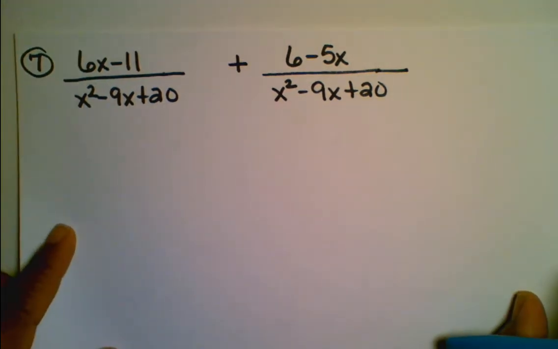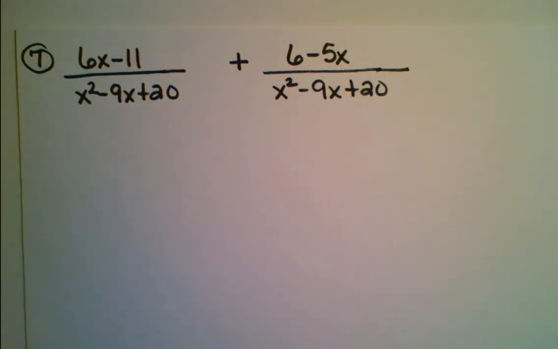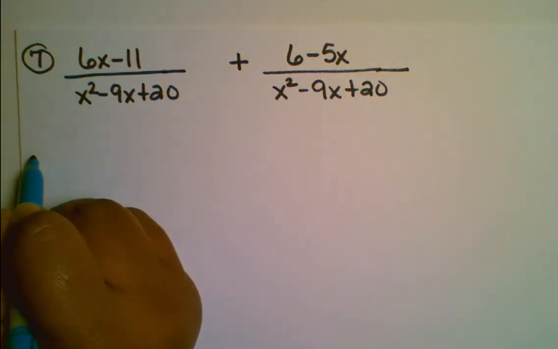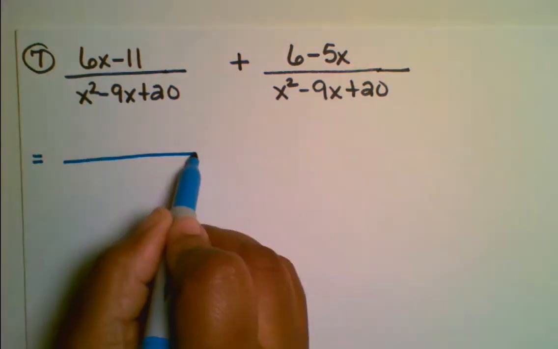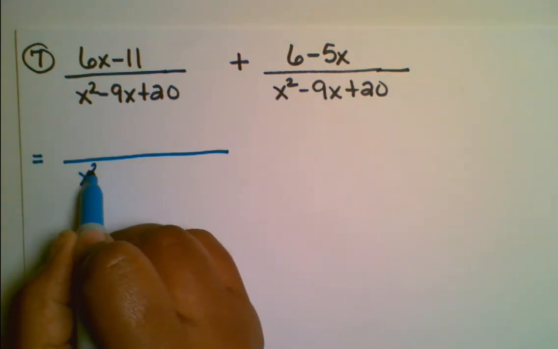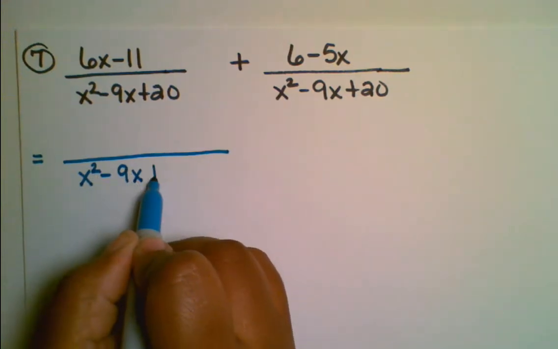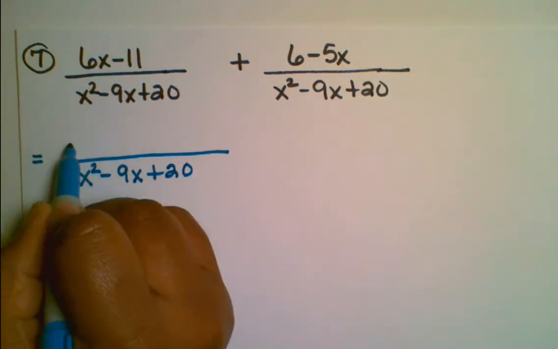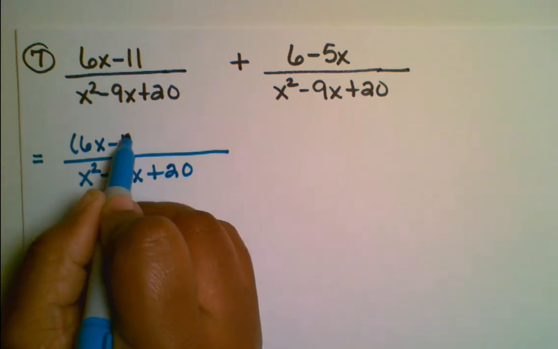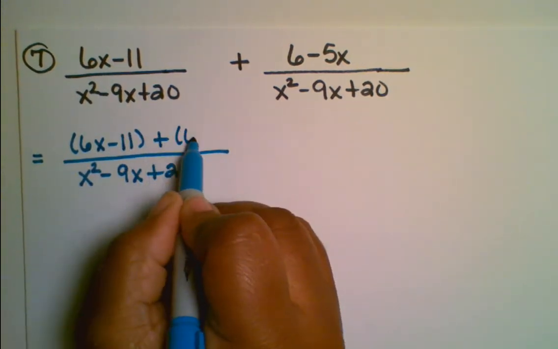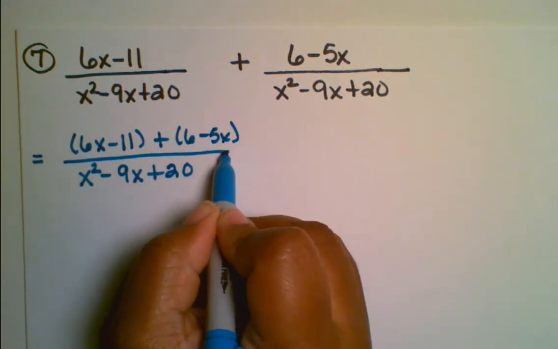We have number 7, 6x minus 11 over x squared minus 9x plus 20 plus 6 minus 5x over x squared minus 9x plus 20. Let's combine our numerators, keeping the denominator the same. 6x minus 11 plus 6 minus 5x.